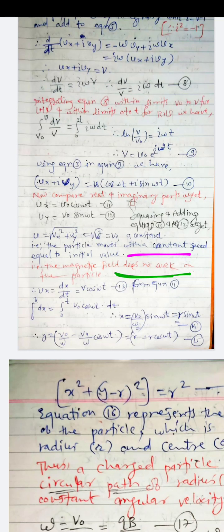After this, vx equal to dx upon dt equal to v0 cos omega t, using equation number 11. It is our equation number 13.